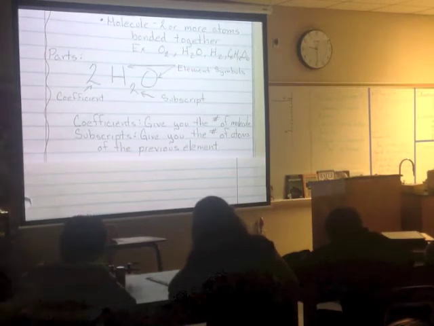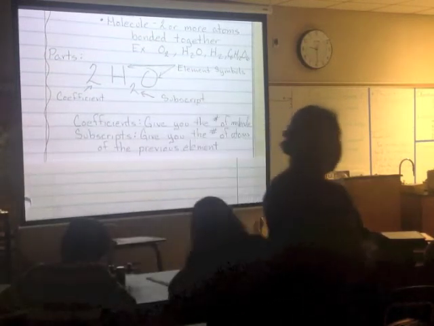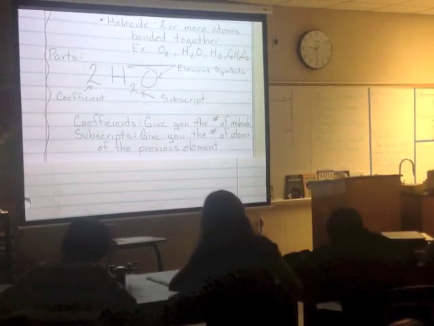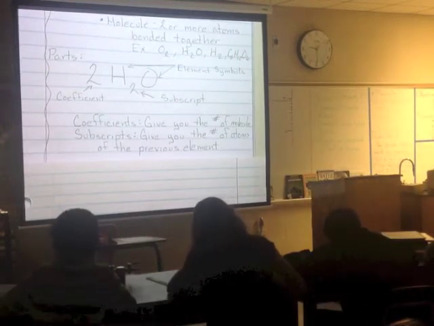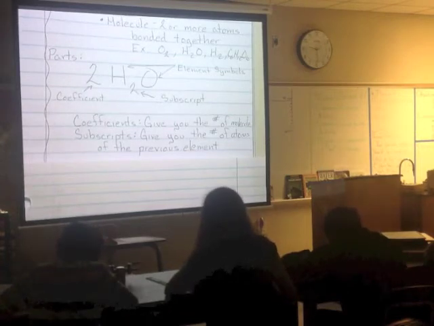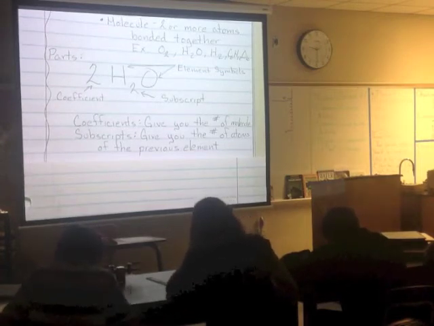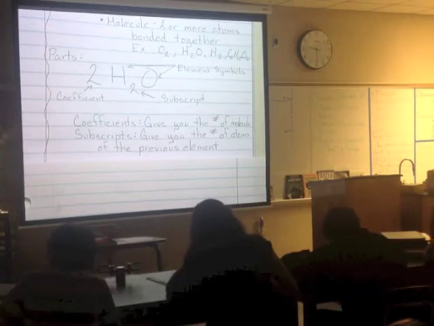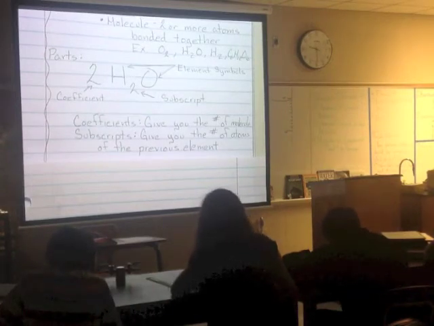So the coefficient gives you the number of molecules. So how many of them are there? The subscripts tell you how many atoms of the element that is right in front of it, or the previous element, are found in that compound.